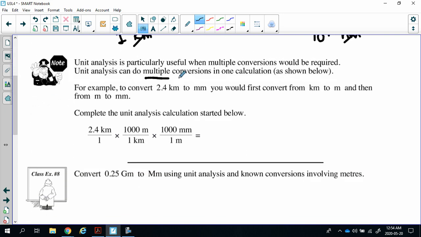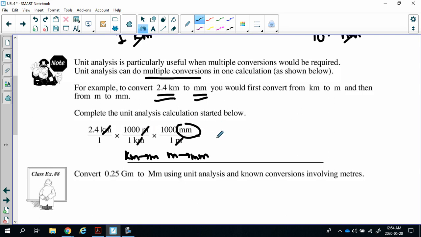Sometimes you're going to use more than one conversion in one calculation. Like for example here, you have 2.4 kilometers. We want to convert them to millimeters. So the first thing they did was convert kilometers to meters with this conversion right here. Again, making sure that the kilometers are on the bottom so they can cancel out. And then they went from meters to millimeters here, making sure the meters are on the bottom so you're left with millimeters.